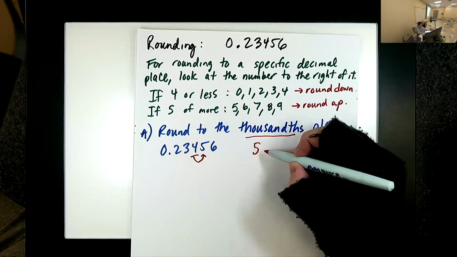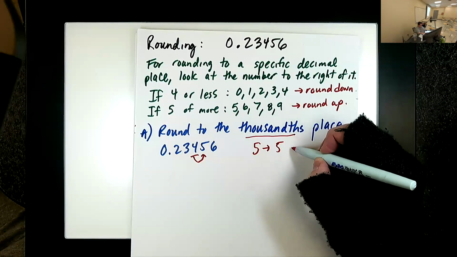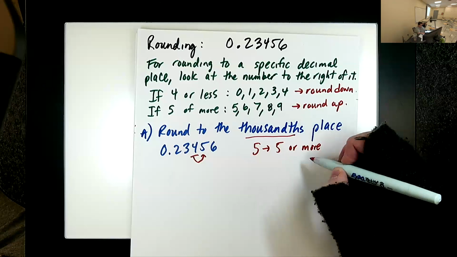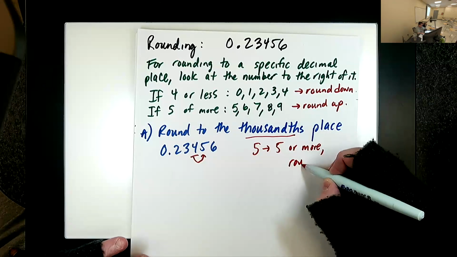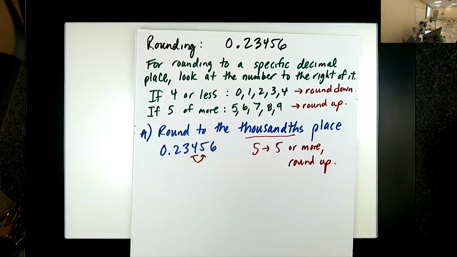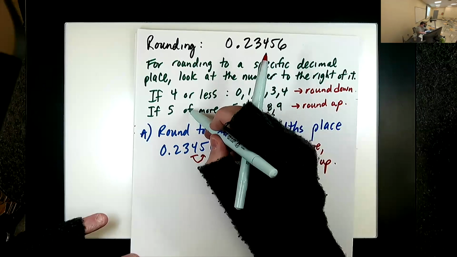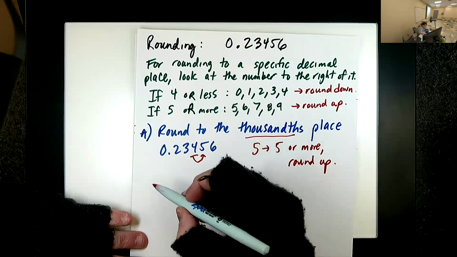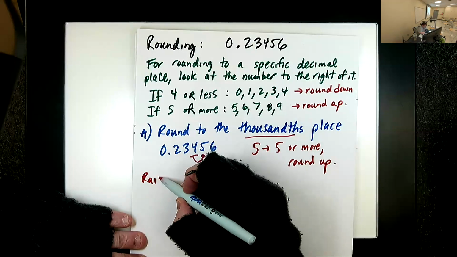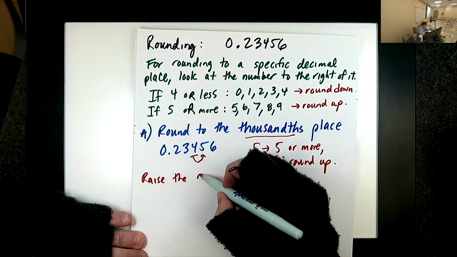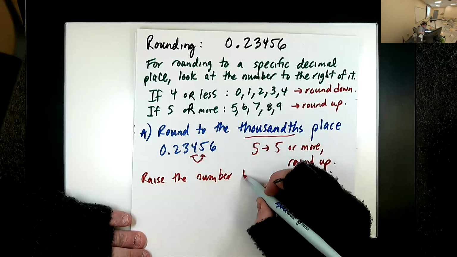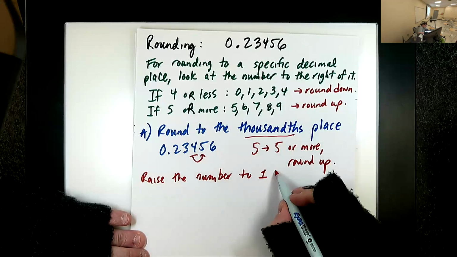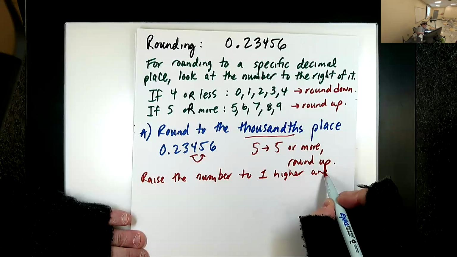So 5, that falls in the 5 or more category. So I'm going to round up. I said 5 or more here. 5 or more. There we go. When I round up, raise the number to 1 higher and chop off the rest.